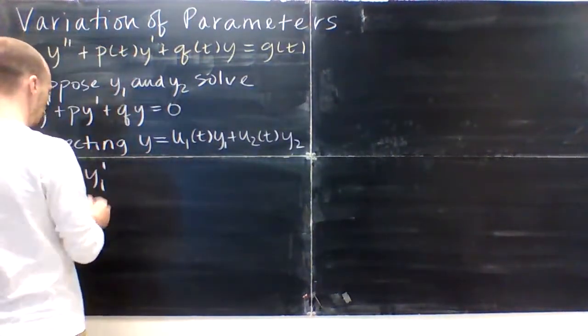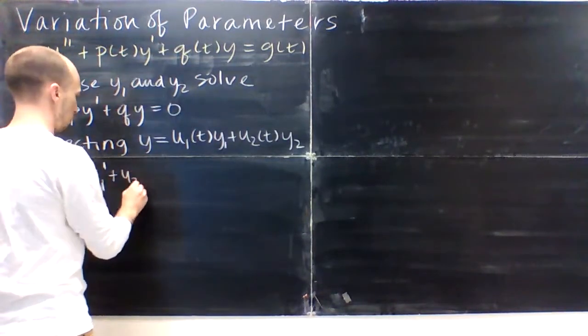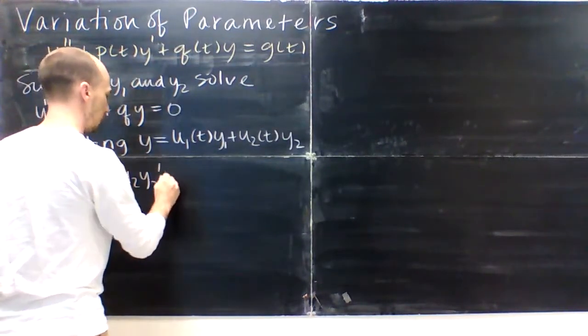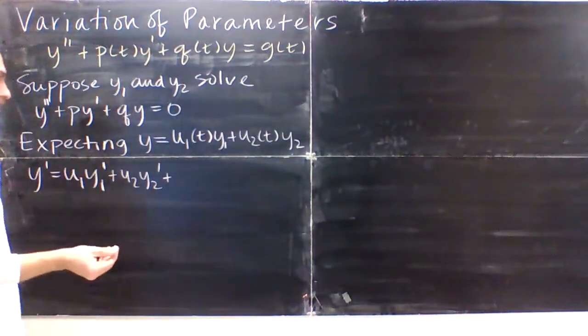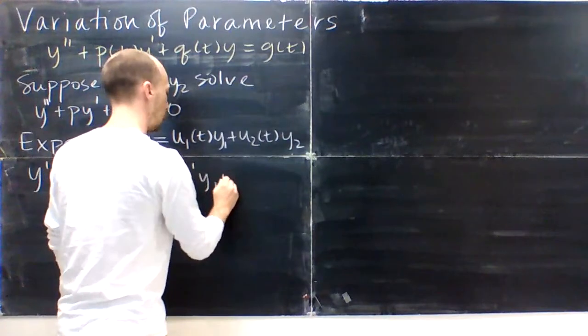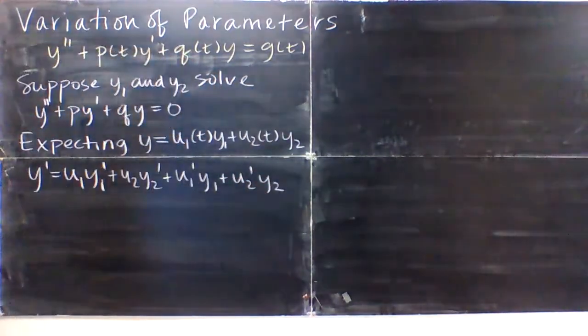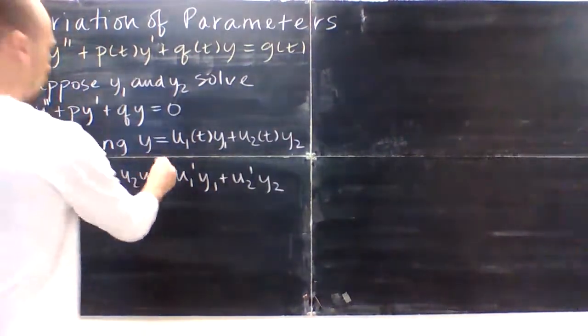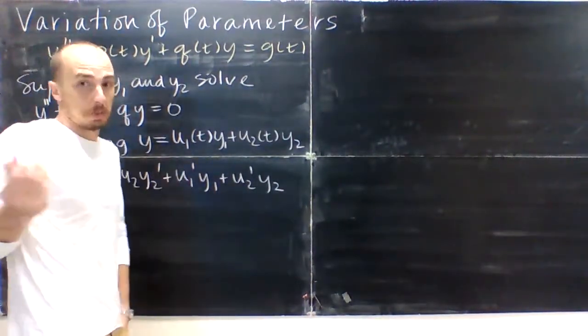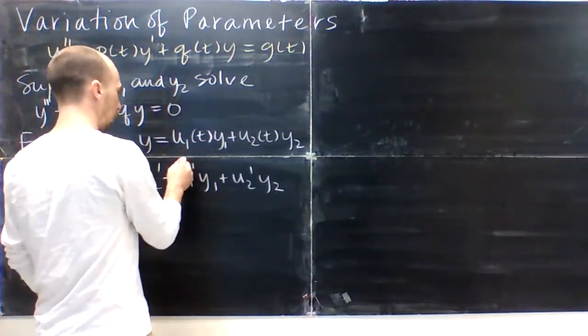And u1 y1 prime plus u2 y2 prime, plus for the other parts of the product rule, I'm going to have u1 prime y1 plus u2 prime y2. And then what I decided was I need this to be 0. And that didn't keep us from finding a solution in the end, and in general won't.